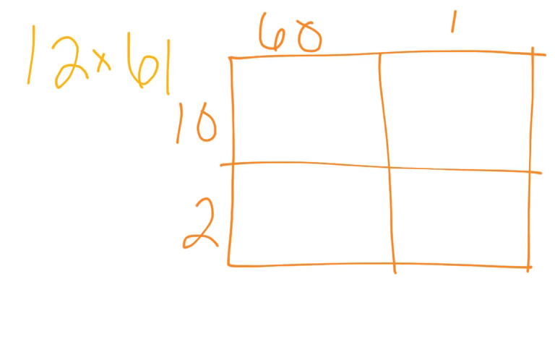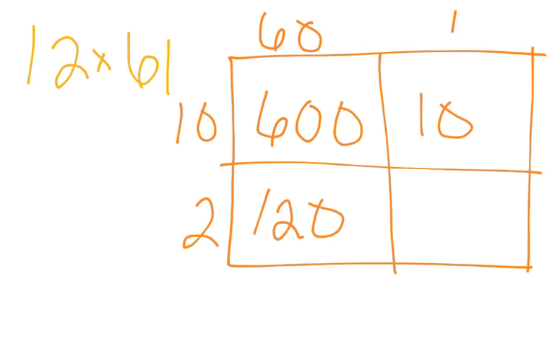And 60 times 10, well, 6 times 1 is going to be 6, and I'm going to have 2 zeros left over. 10 times 1 is going to be 10. 2 times 60, 2 times 6 is 12. We can bring that 0 down, so it's going to be 120. And then 2 times 1 is going to be 2.